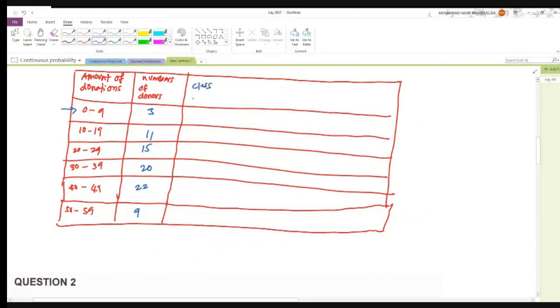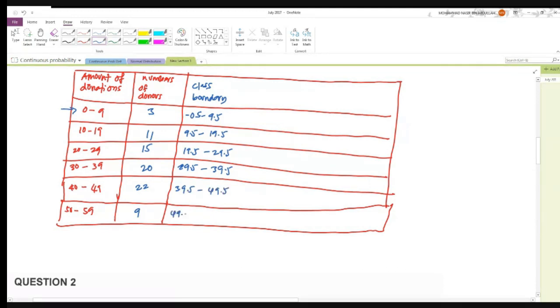Class boundary starting from negative 0.5 to 9.5, then 9.5 to 19.5, 19.5 to 29.5, 29.5 to 39.5 and so on.